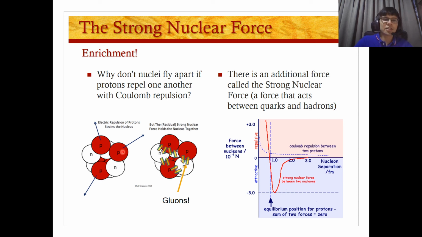In that video, it explained that the protons and the neutrons are actually made up of smaller elementary particles called quarks. The quarks have a force that attracts them to one another to keep them within the proton, and that force is the strong nuclear force. So the attractive force between quarks is called the strong nuclear force.